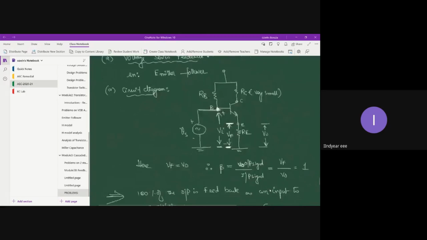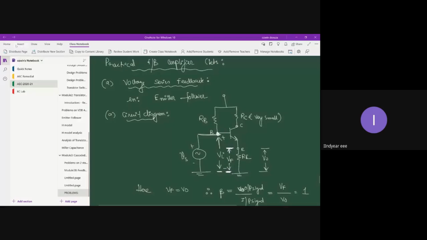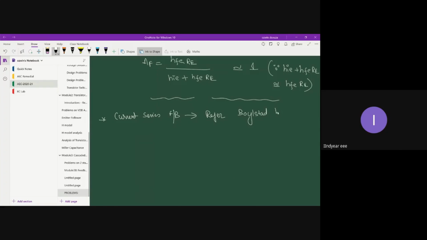So this is an example for voltage series feedback. Voltage series feedback, important. Boylestad book.